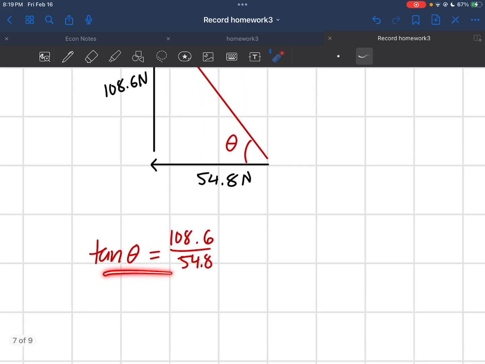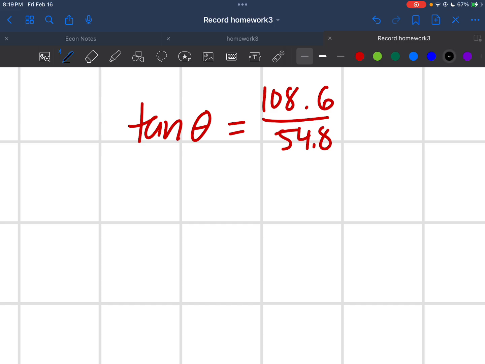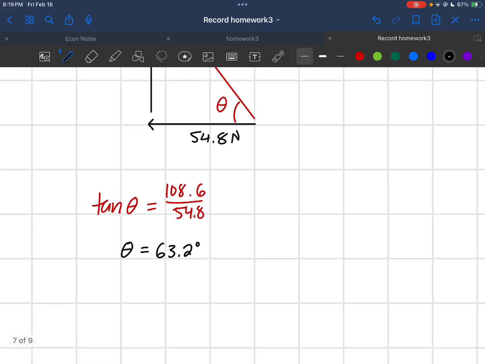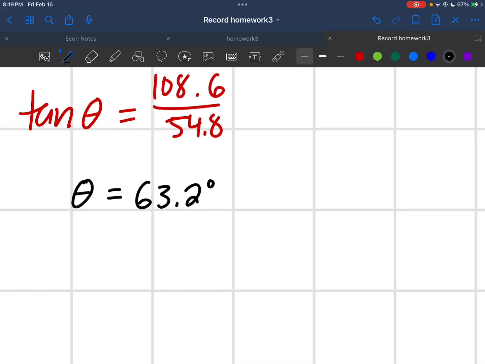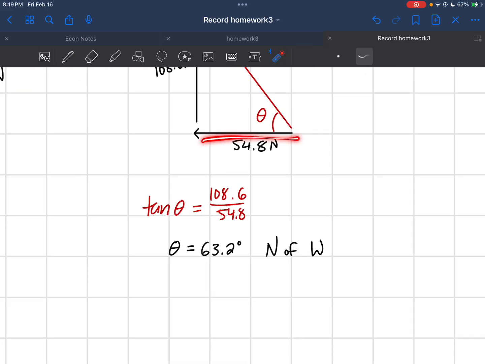And I take my inverse tangent, and that's going to give me that theta equals 63.2 degrees. And I can label it on my diagram very clearly, but I'm also just going to say that that's north of west. All right, from west, I'm swinging in the northern direction.